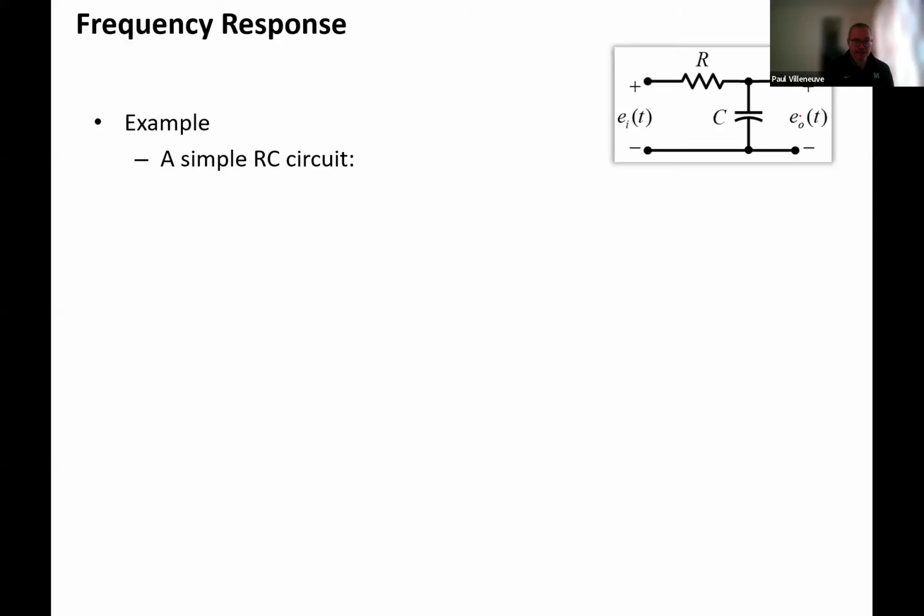Anybody want to guess? How would you analyze if it's high pass or low pass? What's the analysis technique that you were taught?